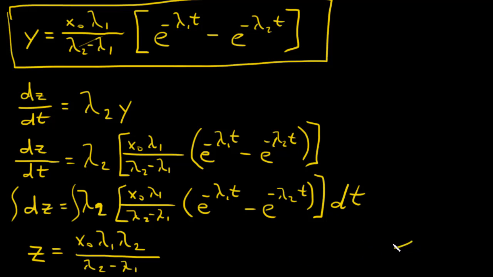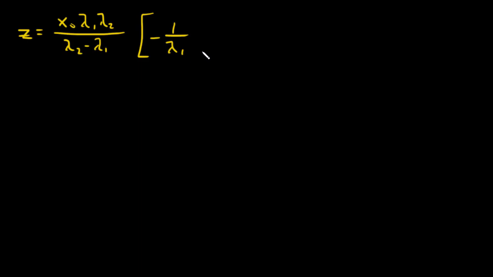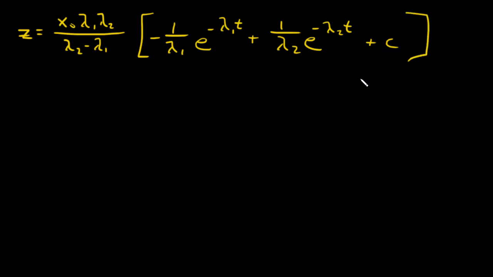Let me start back over with that z. z equals, we're going to have x naught lambda 1 lambda 2 over lambda 2 minus lambda 1, times, well, the integral of e to the negative lambda 1 t is just negative 1 over lambda 1 e to the negative lambda 1 t, and the integral of e to the negative lambda 2 t is just negative 1 over lambda 2, but it was a minus sign in between, so the minus minus are going to cancel, so it's going to become plus 1 over lambda 2 e to the negative lambda 2 t plus c.